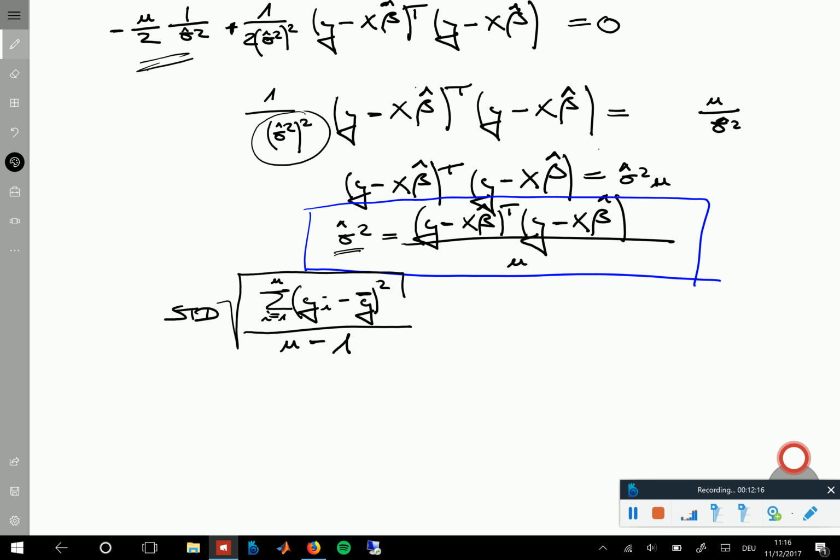For the beta estimator, these are the same, which is also known as being an unbiased estimator, and more generally, it's actually the best. The beta estimator has the smallest variance in the class of linear estimators. The sigma square maximum likelihood estimator doesn't have this property.